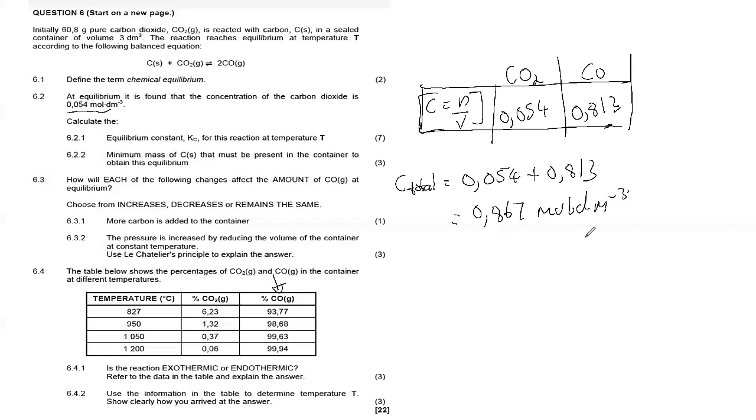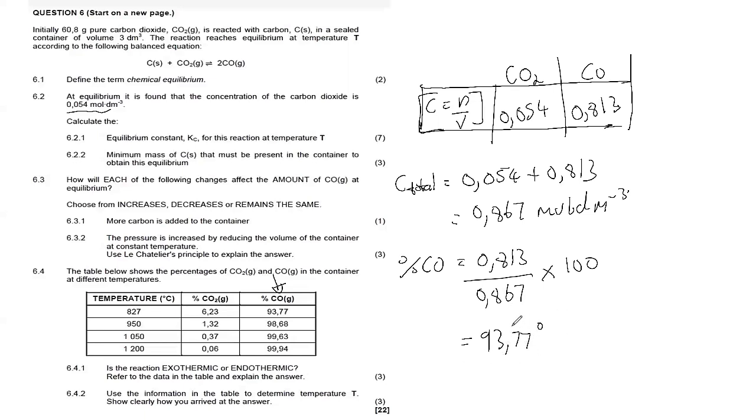Now, if I want the percentage yield for the carbon monoxide, it's the concentration of the carbon monoxide, 0.813, over the total concentration of both the substances. So we want to find that of what is produced, what percentage carbon monoxide is of the total concentration, then multiplied by 100. And then when we punch that into our calculator, we find 93.77.